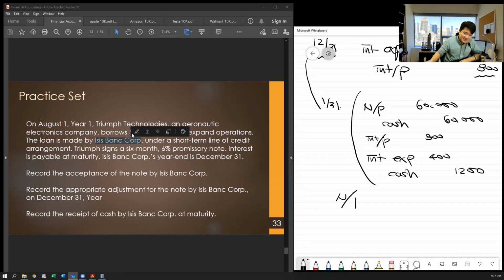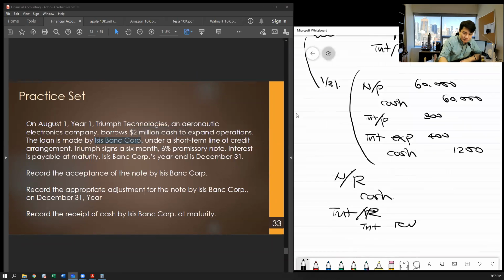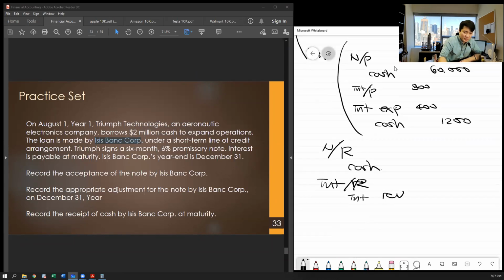So in this case, you're going to report a notes receivable, and you're going to report interest receivables and interest revenue. Basically on the flip side from the borrowing side. But I'm not going to get into detail. Just the different account names: notes receivable instead of notes payable, and interest revenue, interest receivables instead of interest payables and interest expenses.